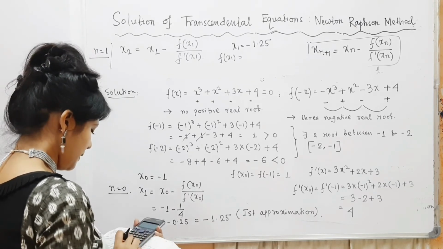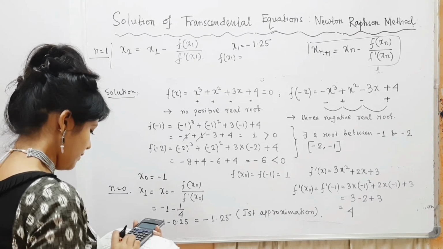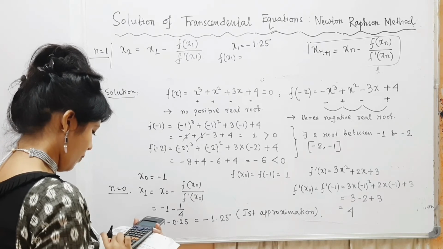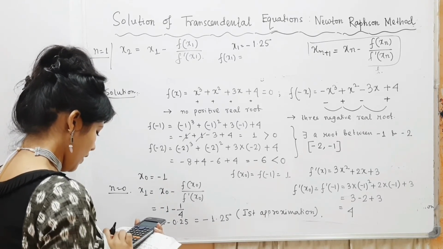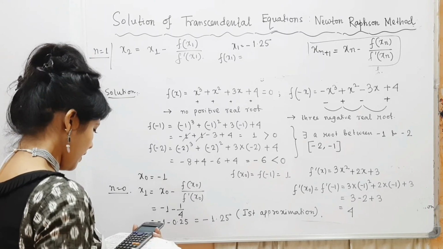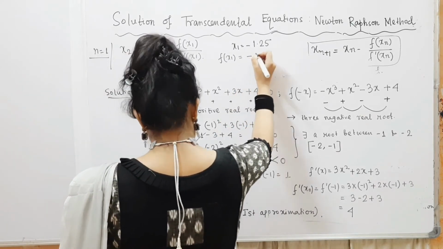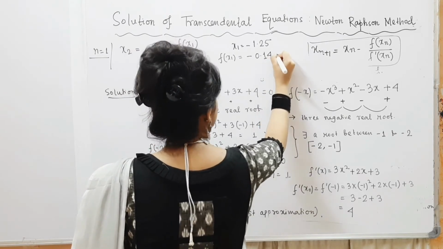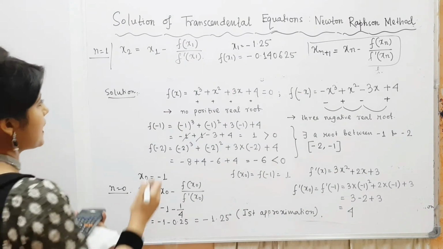And then plus 1.25 into 1.25. Okay. Minus 3 into minus 1.25 plus 4. Okay. So it will give you minus 0.140625.